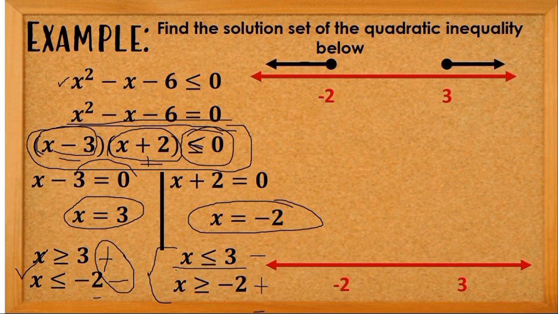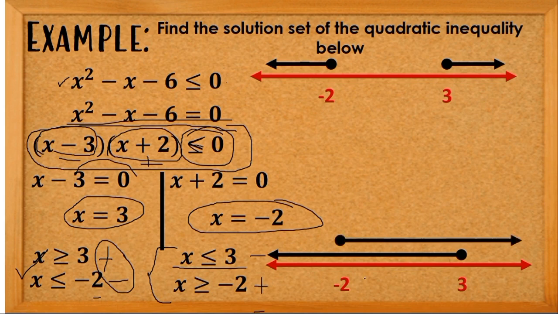Okay, let's proceed with x is less than or equal to 3. Use the solid circle since we use less than or equal to, then that goes to the left. And then we'll have x is greater than or equal to negative 2, solid circle that goes to the right.